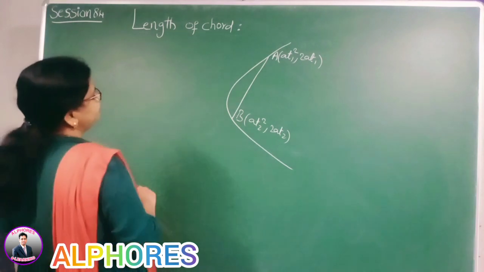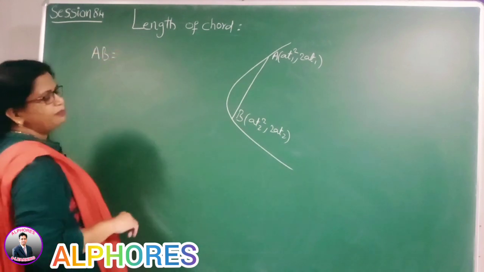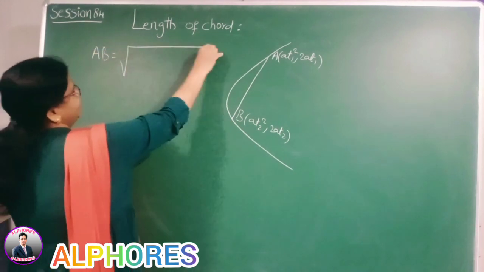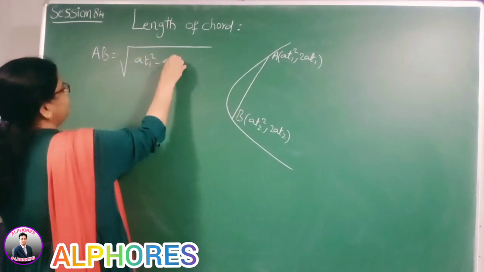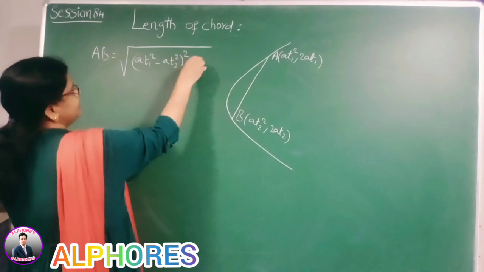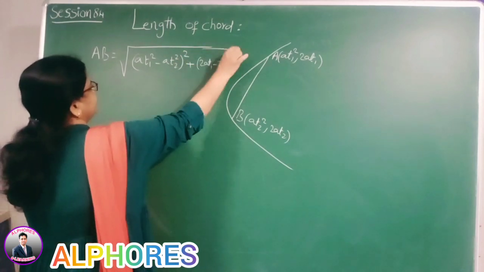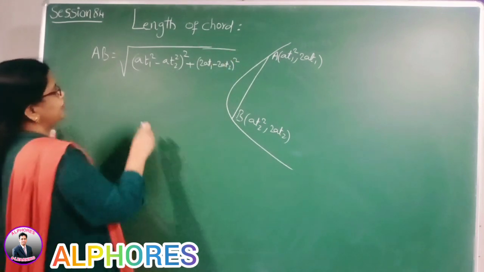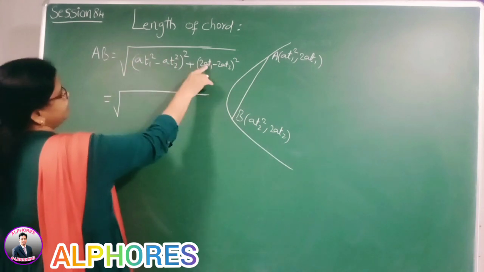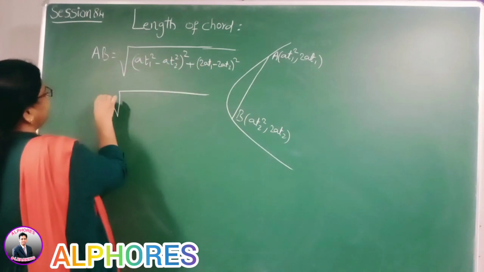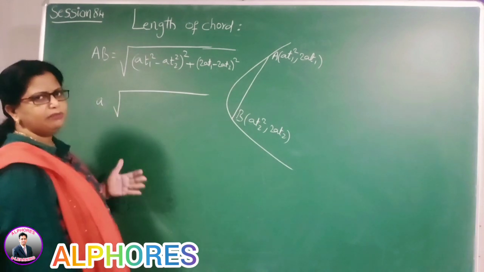So AB is equal to under root of at1 square minus at2 square whole square, plus 2at1 minus 2at2 whole square. Just the distance formula we are applying, and thereby this is under root of a square, so you can take a common, let it be mod a, or you can put it as a, because we take a as positive every time.